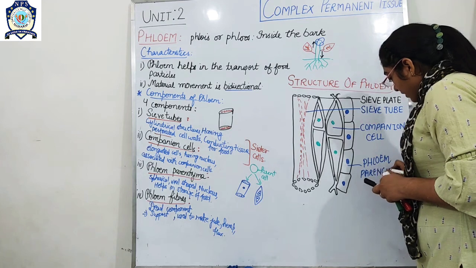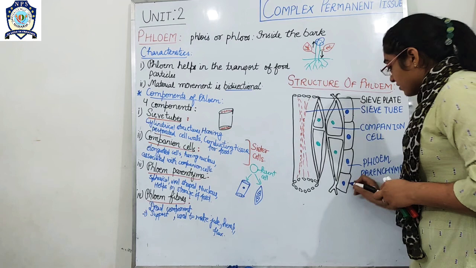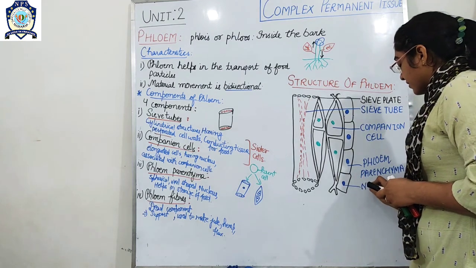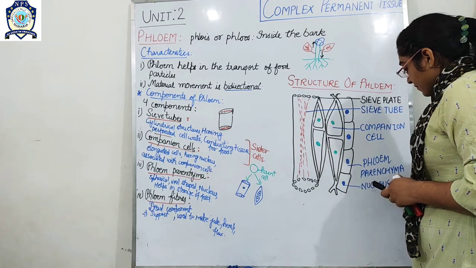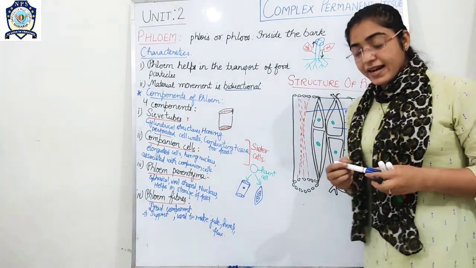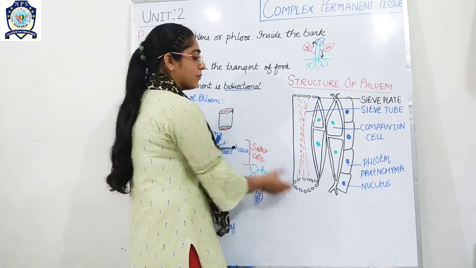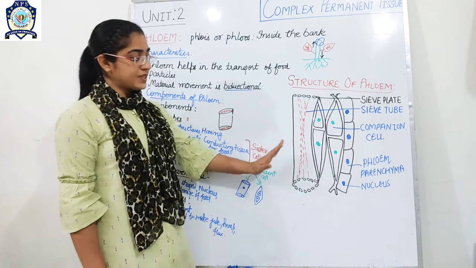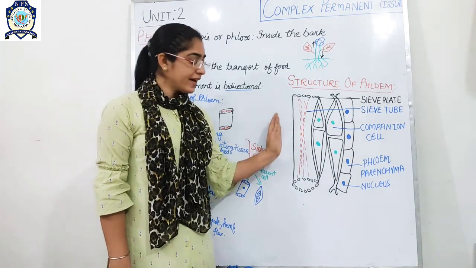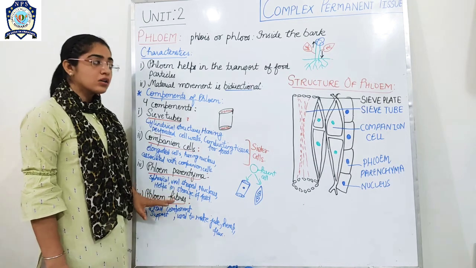This one is called the phloem parenchyma, and this one is the nucleus. Okay, so this diagram is representing the components of the phloem. Hope this is an easy diagram which will help you a lot to understand the concept of the phloem.